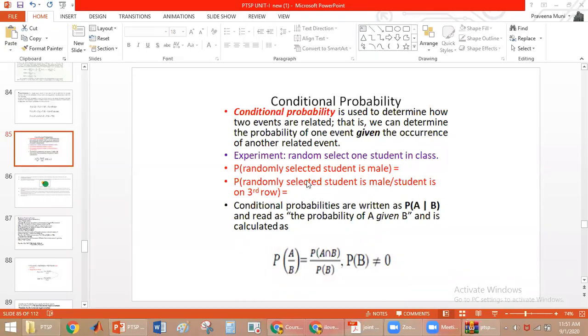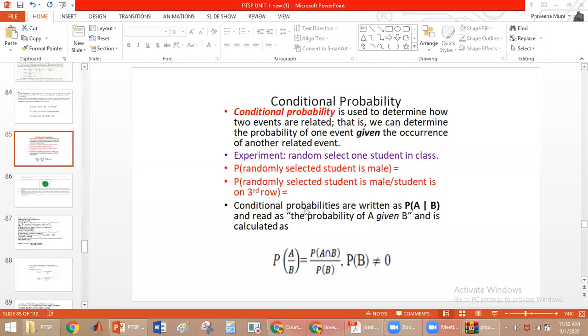The number of male students in the third row will be the numerator. So the intersection, male students intersection third row, gives the numerator, and the number of students in the third row will be the denominator.